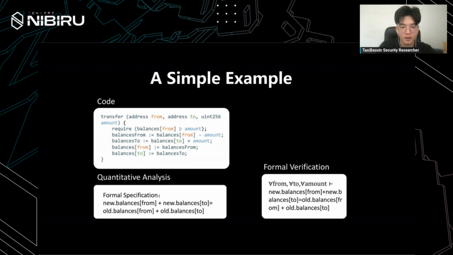Then we can implement new code based on the formal specification, and also use the formal specification to check whether the previous code has some security issues. That's the formal verification technology.